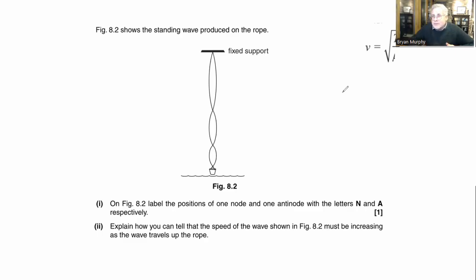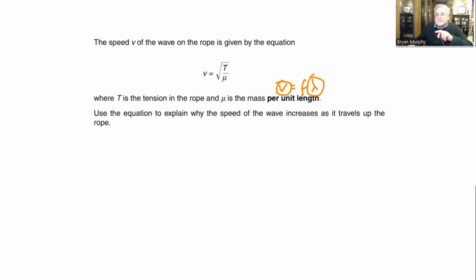And if the wavelength increases, v equals f lambda, the velocity increases. But simply by looking at it, you would say that because the wavelength increases. Then it goes on to say this.